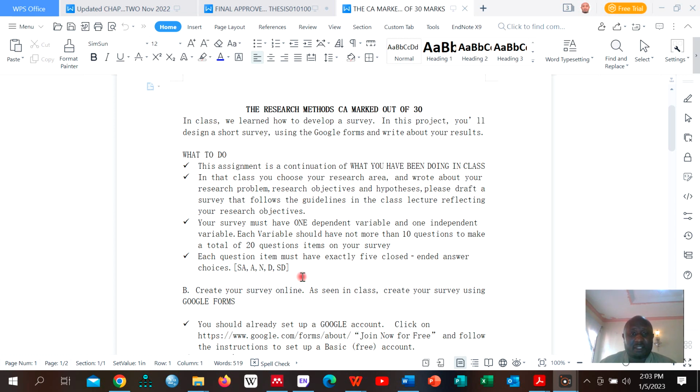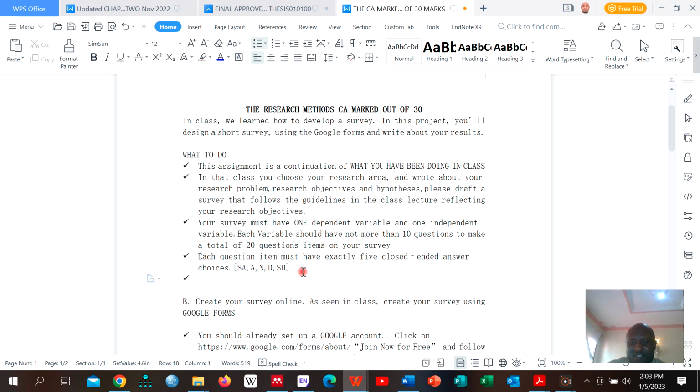For example, let me see if I can write here. Remind me, let me write something here. The topic that I've been using to demonstrate in class to show you the dependent and independent variable as it is reflected in the topic.